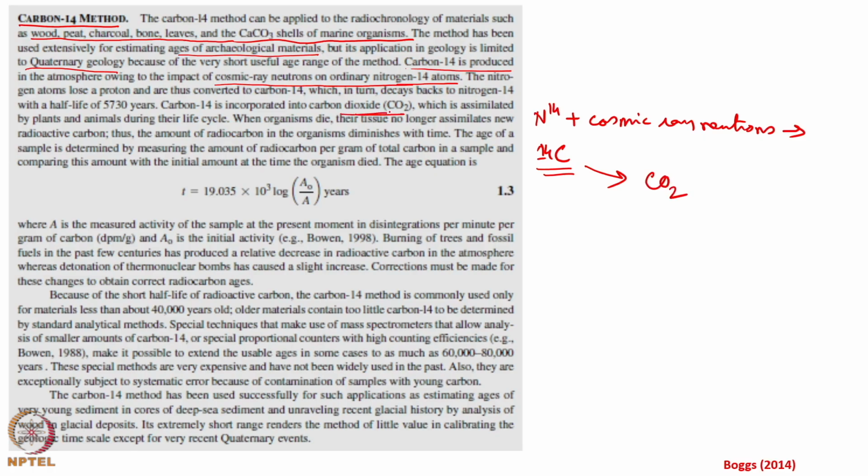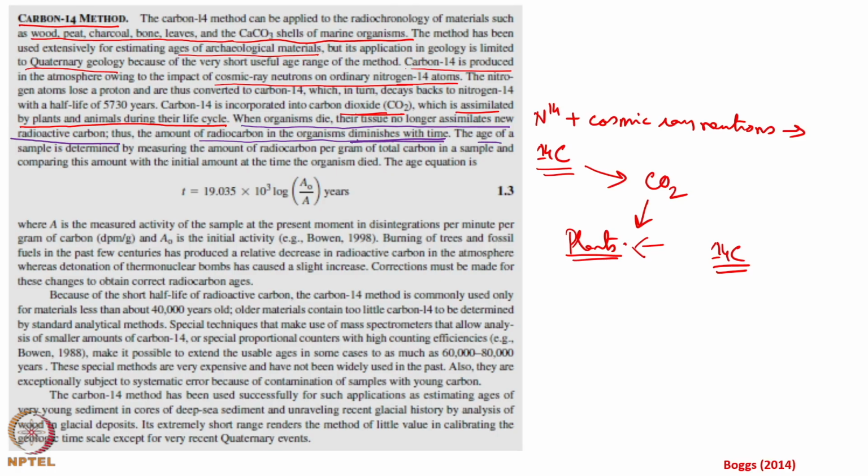Now, this carbon dioxide is assimilated by plants and animals during their life cycle. CO2 is taken up by plants during photosynthesis, and the animals which eat plants progressively take 14C into their body. When plants and animals die, their tissues no longer assimilate new radioactive carbon. Thus, the amount of radiocarbon in the organisms starts diminishing with time.